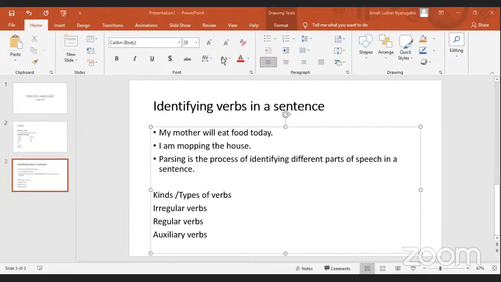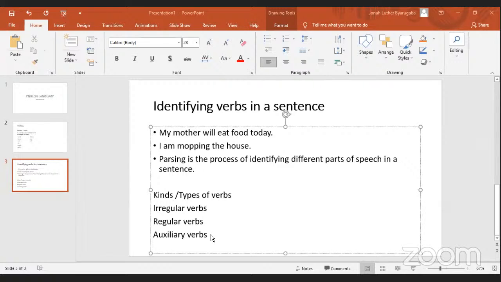A verb such as be, do, and have used with main verbs to show tense, and to form questions and negatives. These are used, one, to form questions, two, to form negatives. We shall discuss these in detail.